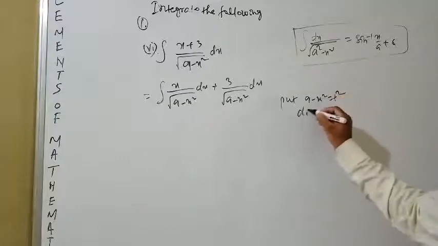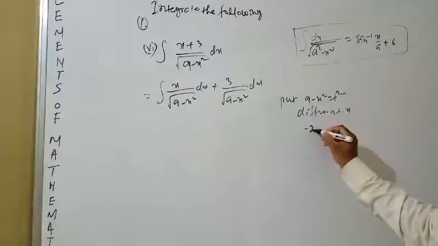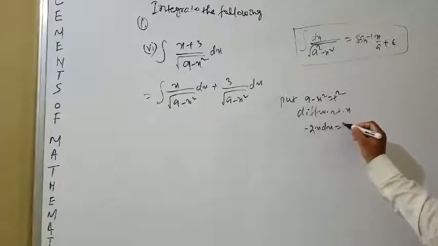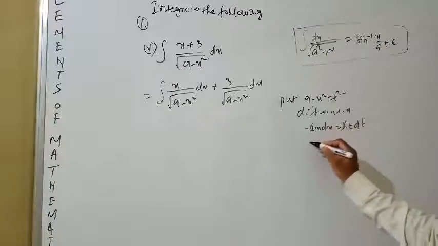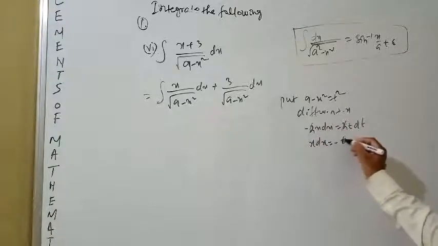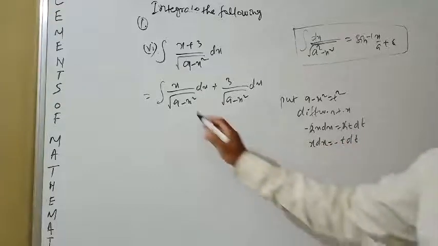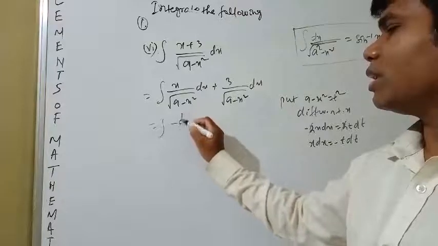Differentiate with respect to x: minus 2x dx is equal to 2t dt. The 2 will cancel out, so x dx is equal to minus t dt.